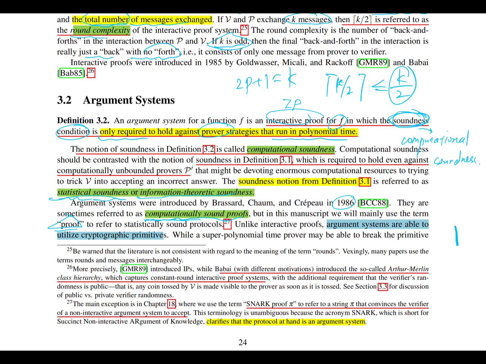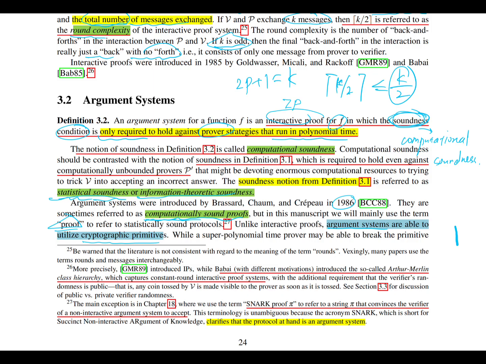But argument systems use computationally sound proofs, and can also use cryptographic primitives.